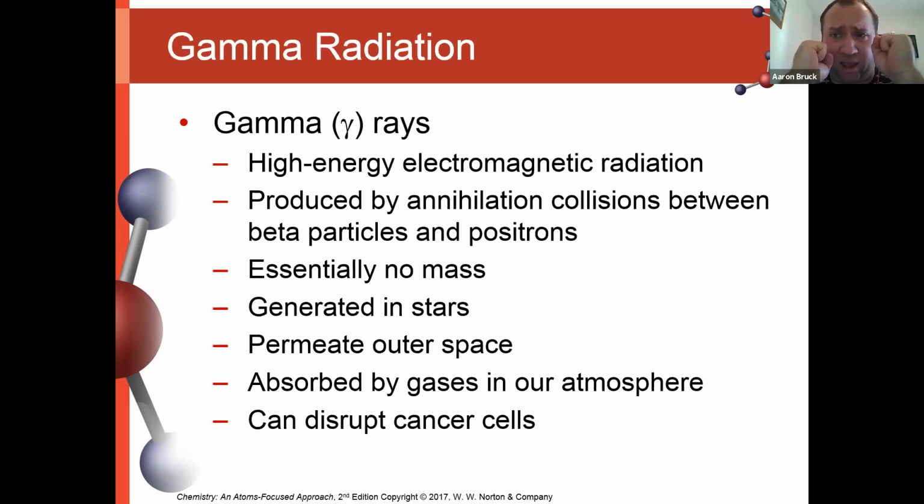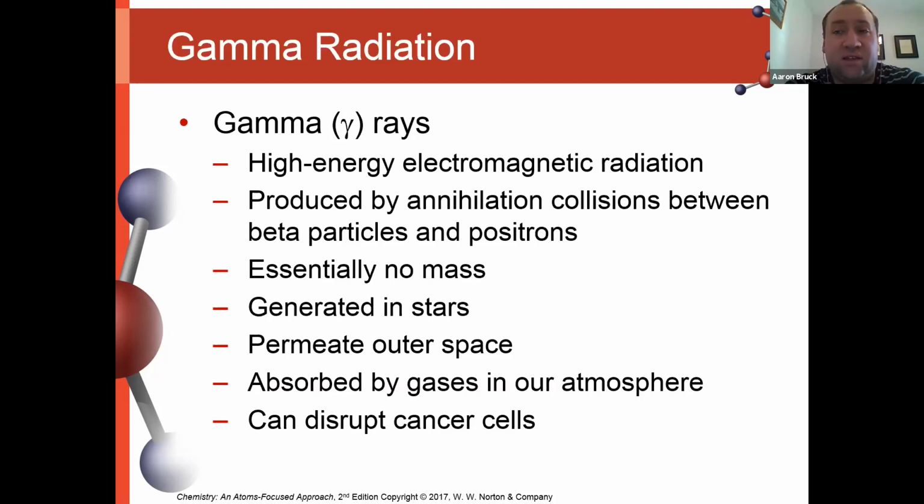So in this case, a positron and a negatron or a beta particle, when they collide with each other, basically the charges annihilate each other. They wipe each other out, and we get a massive burst of energy emitted as a result. That burst of energy has practically no mass.